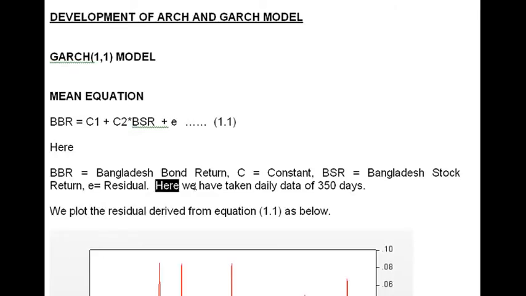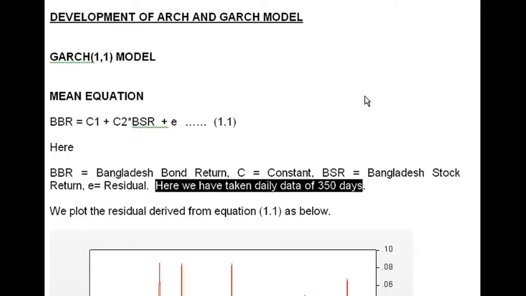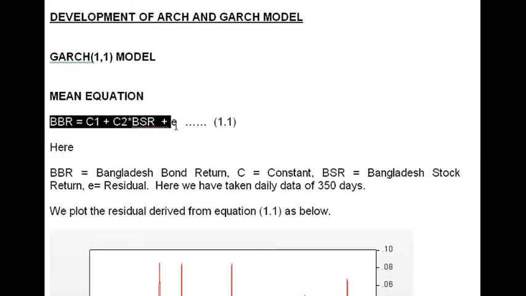And here we have taken daily data of 350 days, daily data of all the variables. And what we have done, we have run these models. We have run model 1.1. After running, we have got the residual.